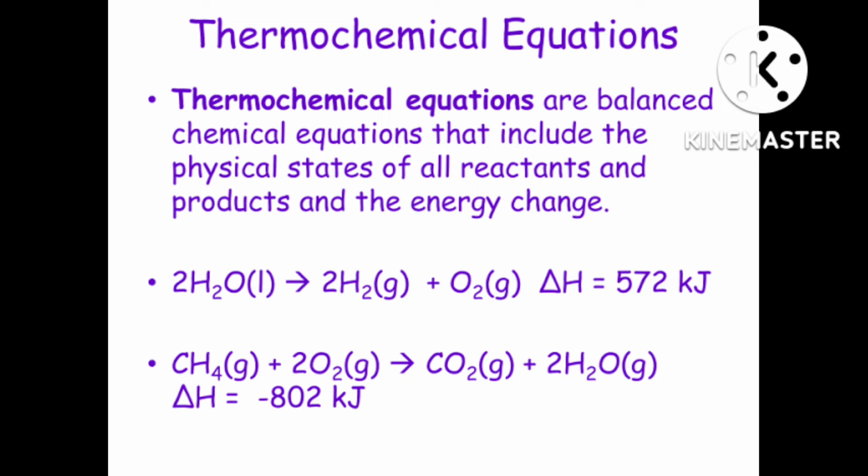Then a balanced chemical equation together with the value of delta H, meaning heat of reaction, delta r H, is called a thermochemical equation. We specify the physical state. Here you have to specify the physical state, and also the allotropic state.